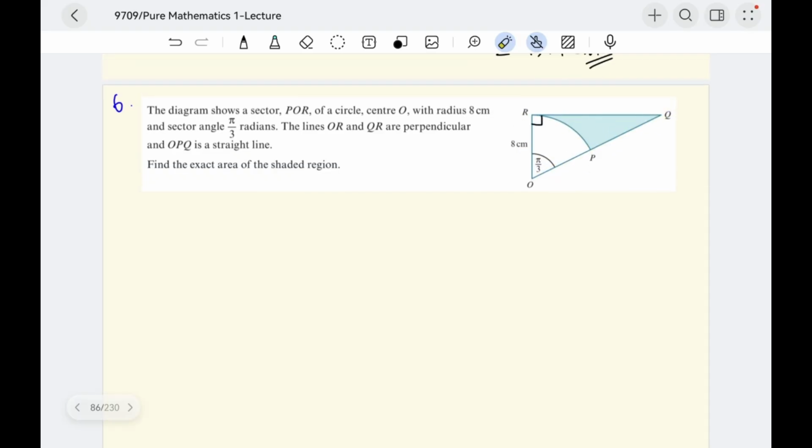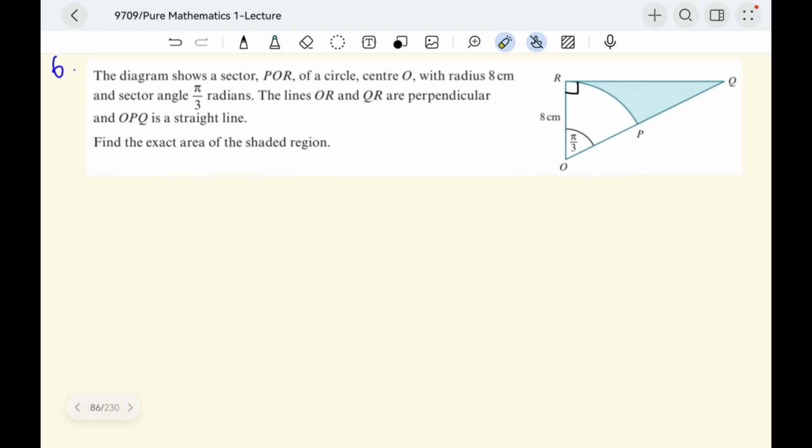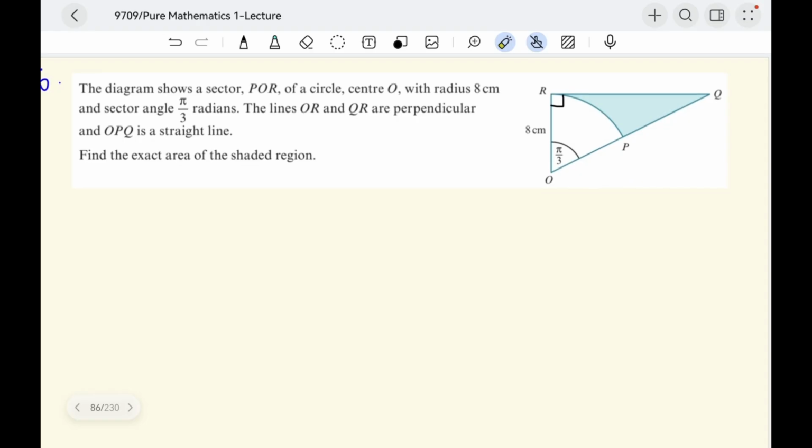For the aim of this question, it wants you to find the exact area of the shaded region. That's easy. How to find the area of the sector? How to find the area of a basic triangle? This one you should know from your secondary school.